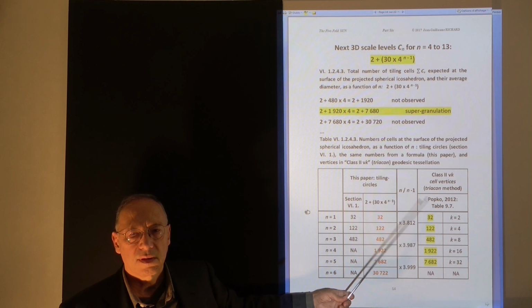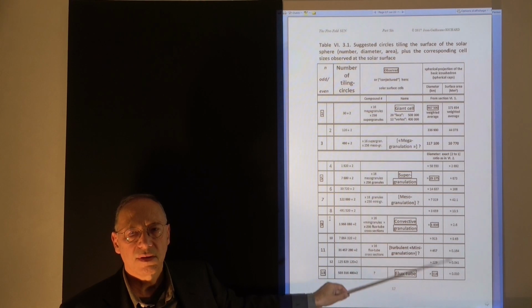It is called class 2 VK as a category of a tessellation procedure, cited, for instance, in this reference textbook. And you see this is exactly the same number of tiling circles.